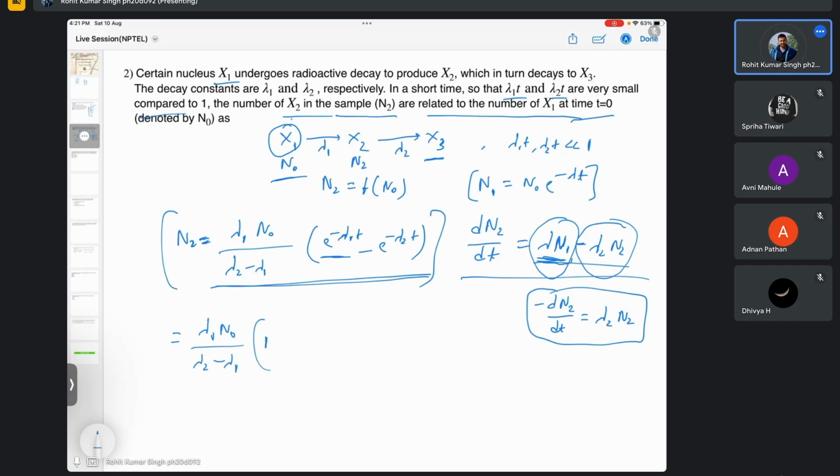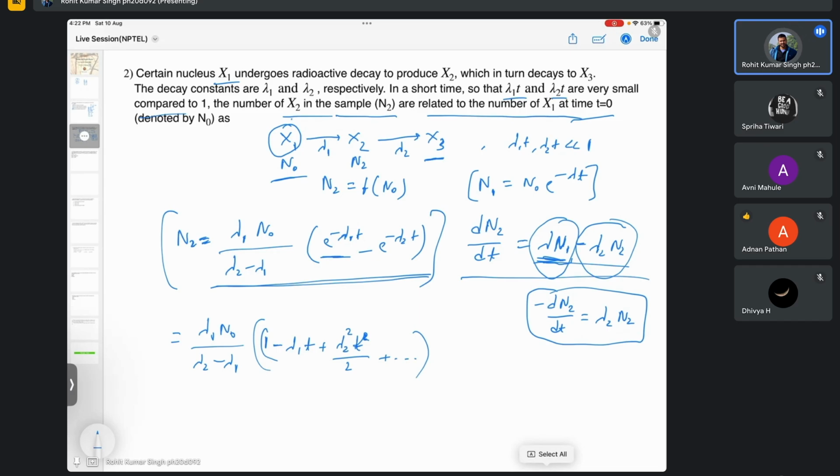So e to the power minus lambda 1 t can be written as 1 minus lambda 1 t plus lambda 1 square t square by 2, and then there are other terms. Everyone knows this series expansion of the exponential.